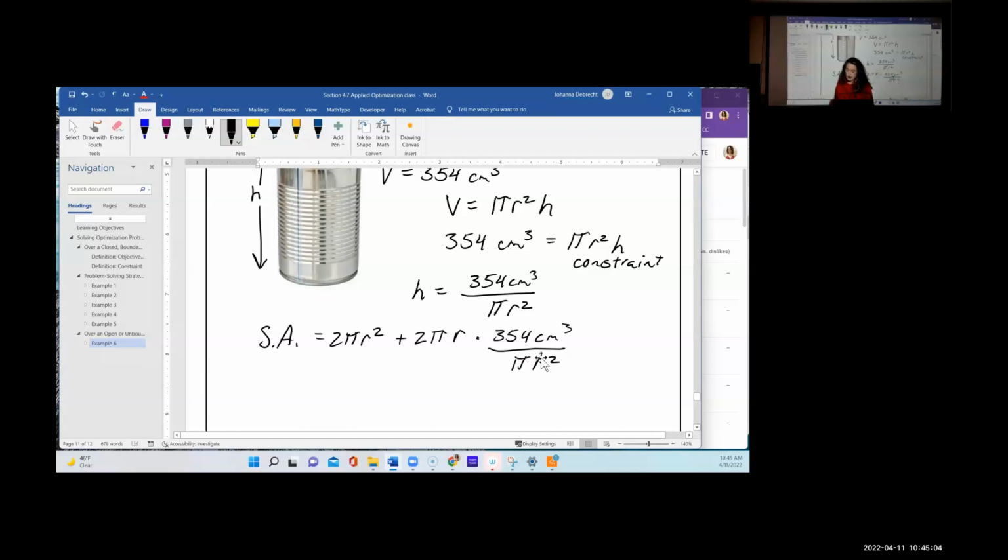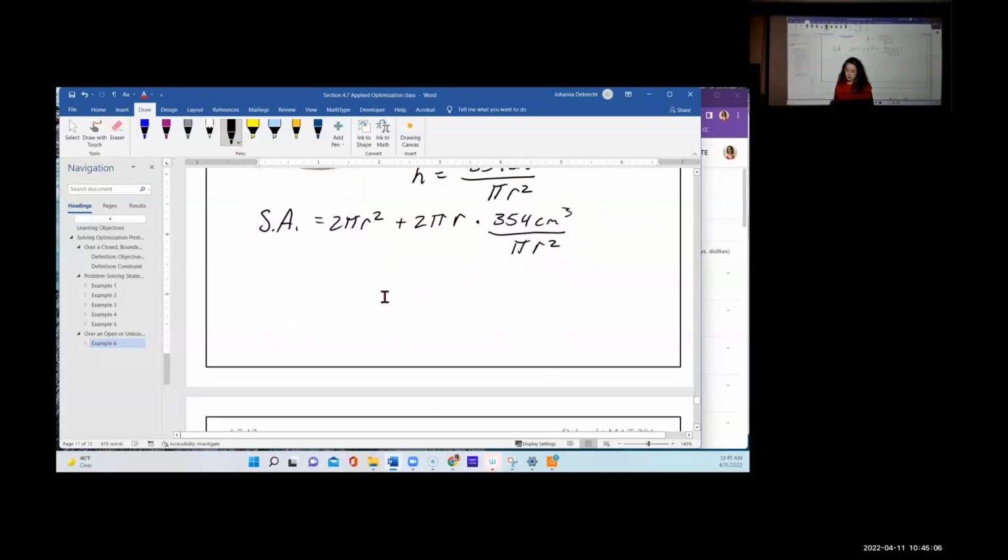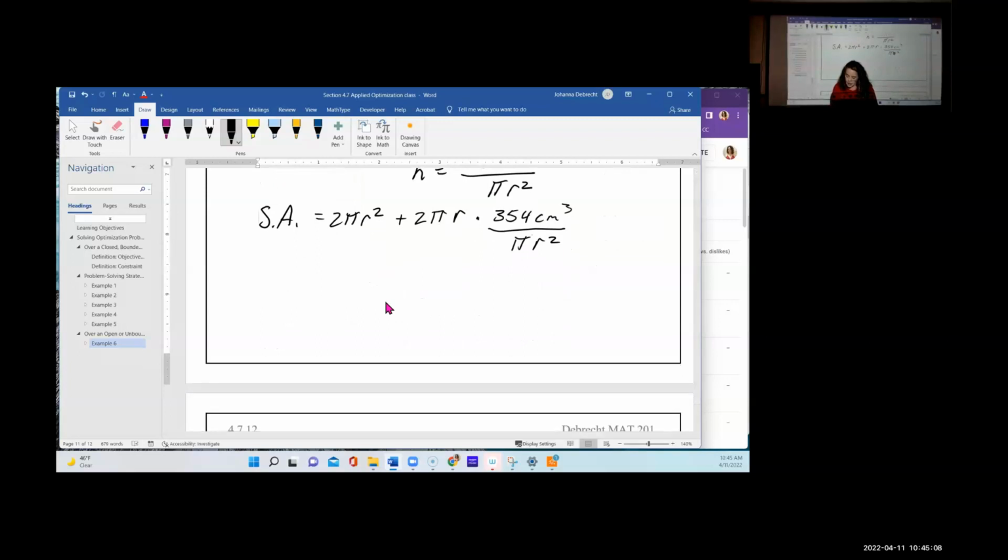Now you have an r over r squared, so you can simplify that, and the pi's cancel. So I have surface area equal to 2 pi r squared plus 2 times 354, which would be 708 cubic centimeters over r.